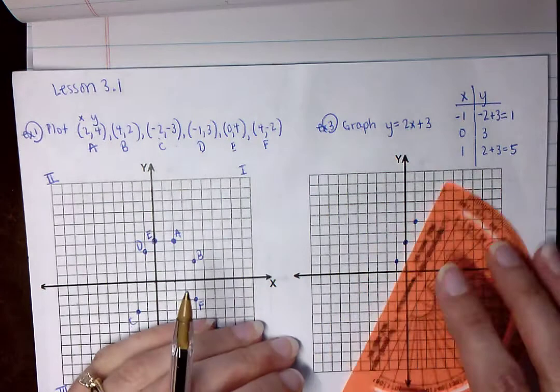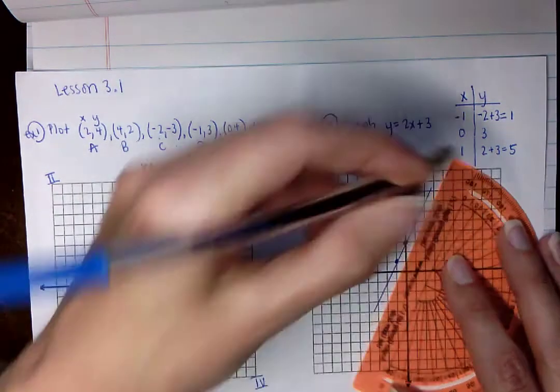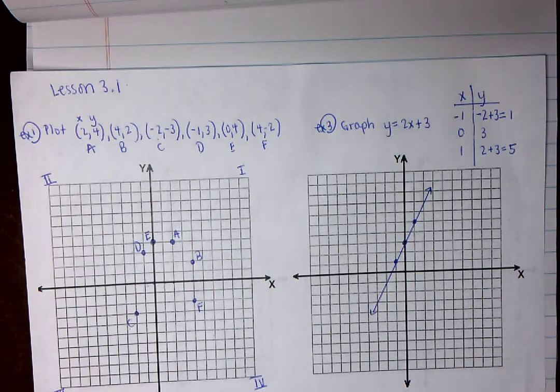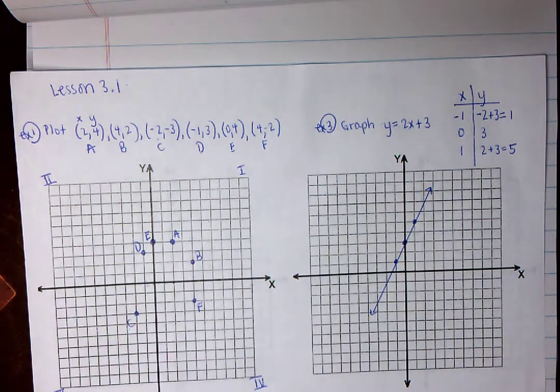And I'm going to use a straight edge here and try to get a nice line. So you're going to want to maybe use a straight edge. You could even use your notebook or something flat that you can make a nice line with. Don't forget to put your arrows at the end because it is a line, so you want to imply that it goes on in both directions. So again, that's all you need for that one.